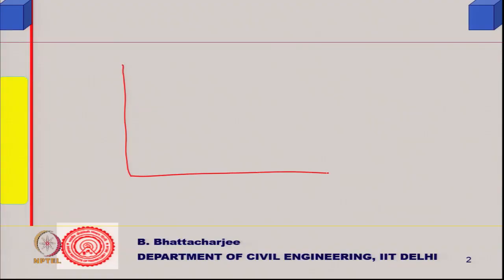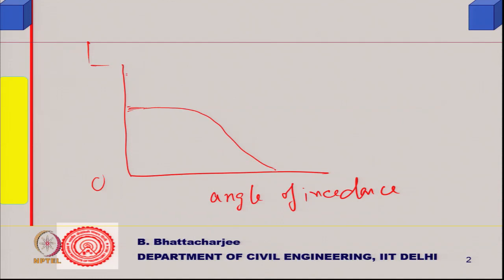If this is your angle of incidence, and this is 0 to 1, highly absorbing glass will be somewhere here, which will absorb quite a bit, and this portion is reflected.